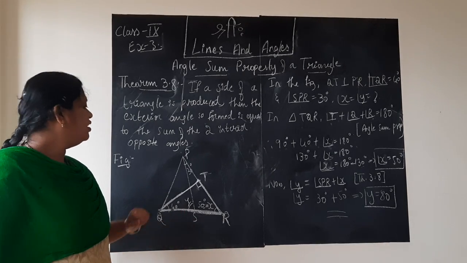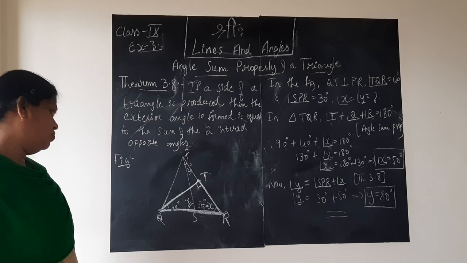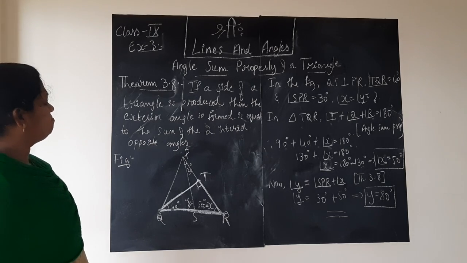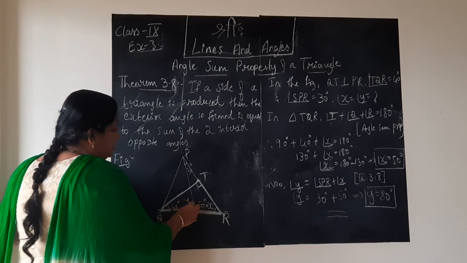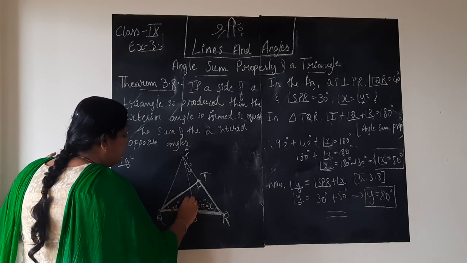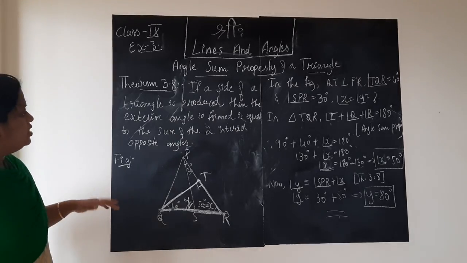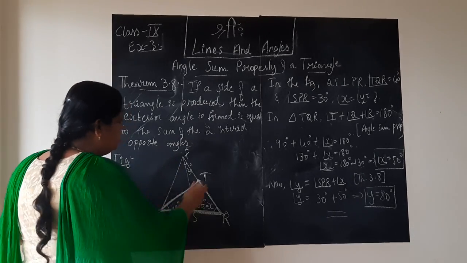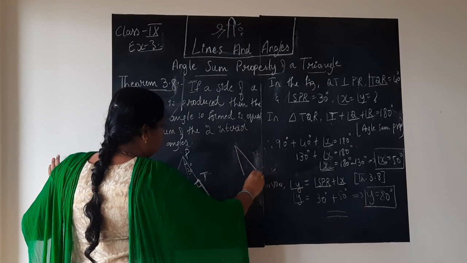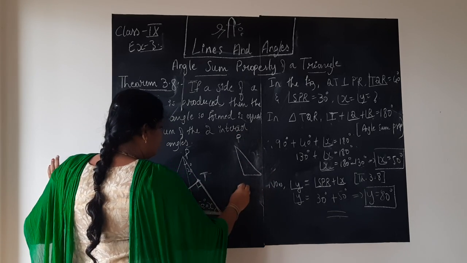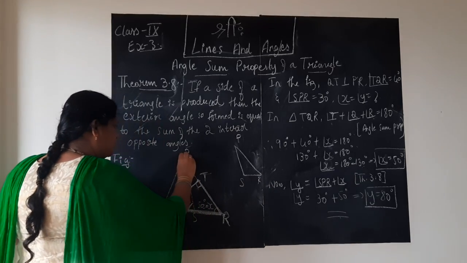Still, we have to find out what angle Y is as well. To do that, let us consider this angle Y. Just now, I showed you, children, one triangle and producing one of its sides. To do that, I will consider this triangle PSR. Which triangle?